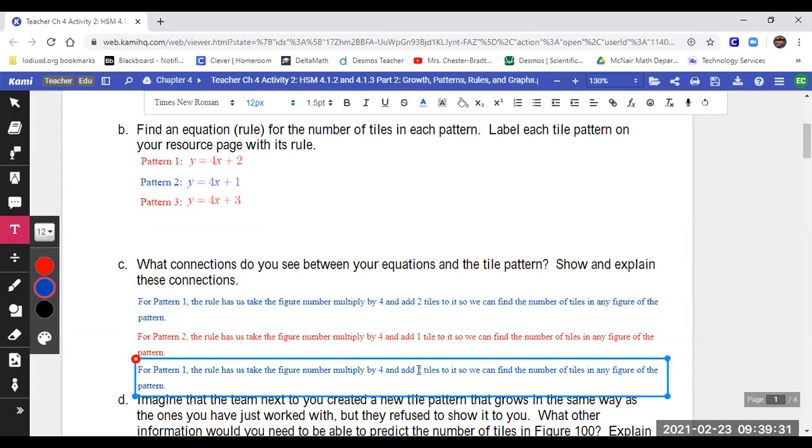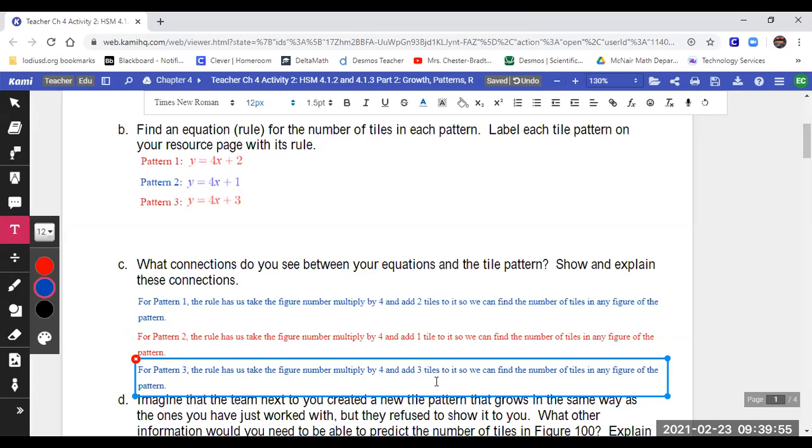The number 2 over here has to change to a 3. Okay. What else has to change to a 3? Because pattern 3 added 3 tiles on. Yeah. Instead of it saying number 1, it has to say number 3. Instead of saying pattern 1, it should say pattern 3.